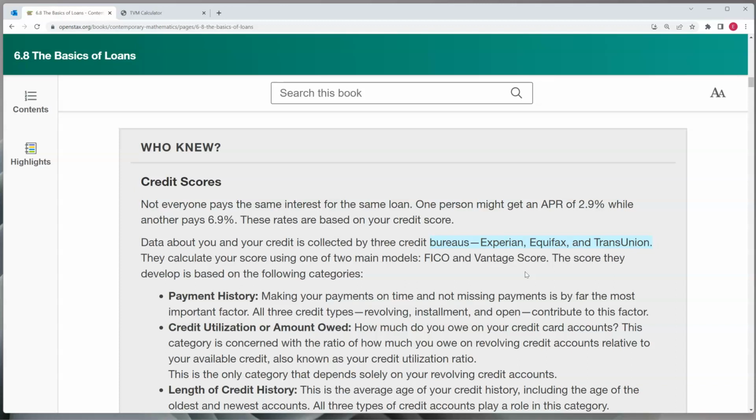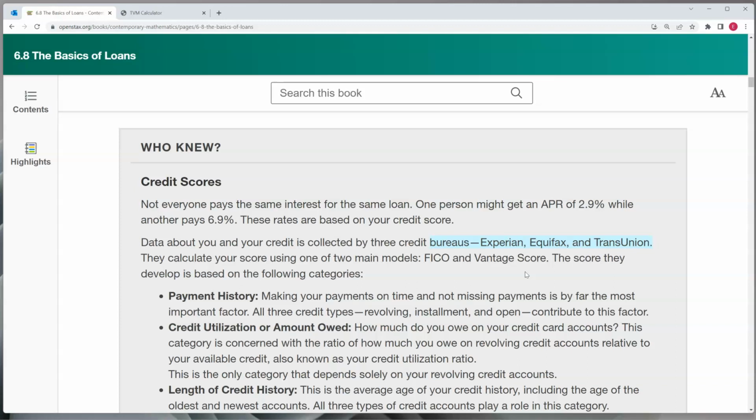Now, you have to be careful when people run your credit score. There are 2 types of credit runs. There's a soft credit and a hard credit score. So if you go apply for a loan, you try to buy a house or get a credit card, that's a hard credit run, and that can negatively impact your credit score.